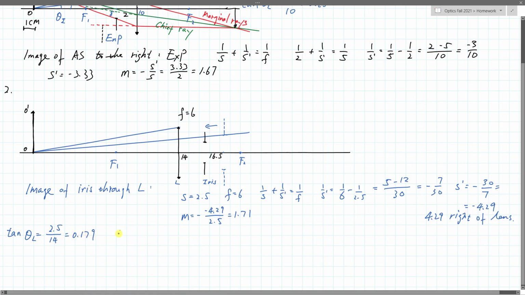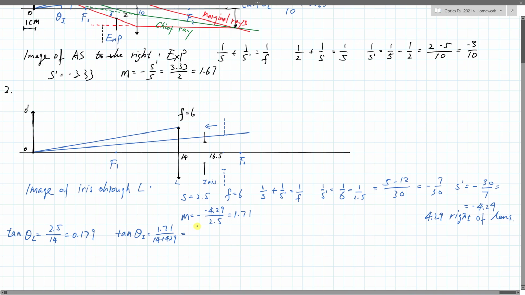And tangent theta of the iris. The vertical is the iris size, so that's 1.71 times the 1, exactly 1.71. The horizontal is longer than 14, so it's 14 plus that distance counted as positive, 4.29.